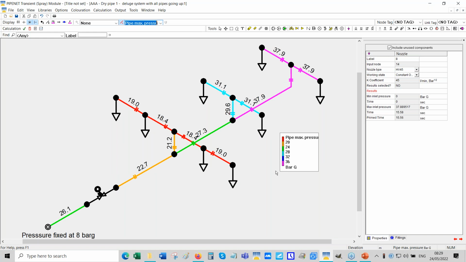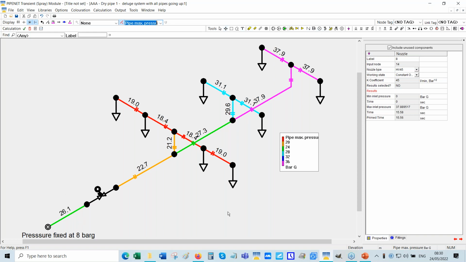It's quite high pressure, but we're not looking at the suppression of pressure surge here. We are simply using PIPENET Transient module to calculate the discharge time. But having seen these large pressures, we can then see how we can reduce the pressure surge.